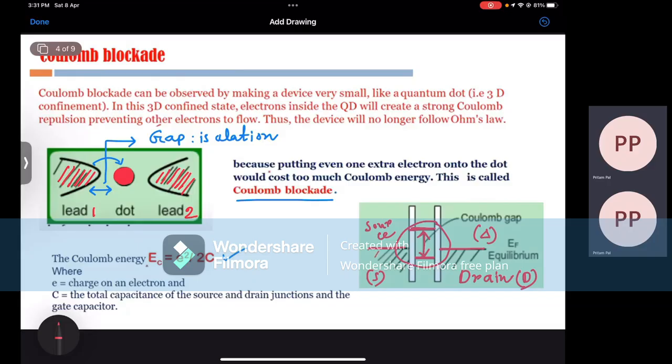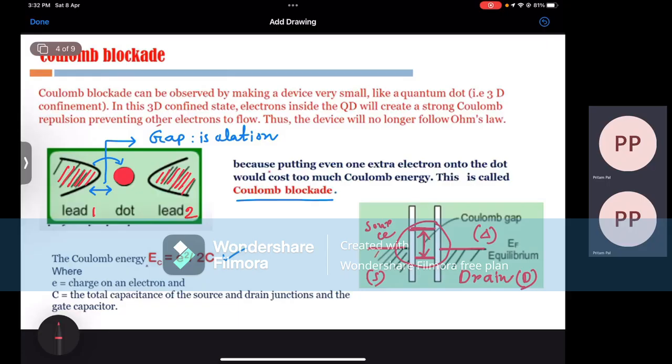So that's why these energy scales are very important. What systems and what energies we are discussing, and how they are related to each other, is very important. So you have to be quantitative in those cases.